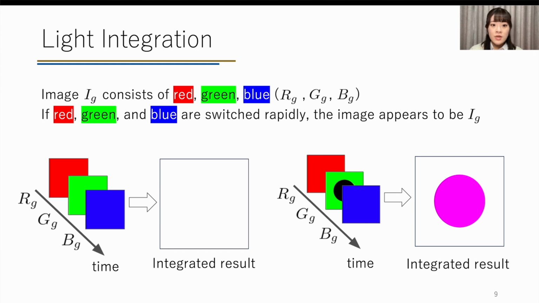For example, if pure red, green, and blue color images are projected at short intervals, human vision perceives the color as white, and the magenta color is perceived when only red and blue colors are projected. Thus, various colors can be achieved by superimposing RGB.